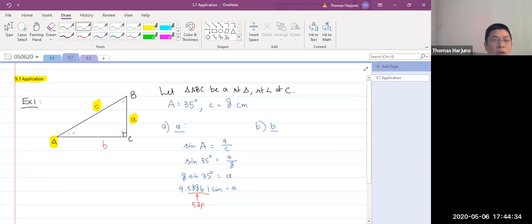Okay, now can you try to do part B? What relates b and what's given here, A and c? What relates vertex A, side c, and side b?